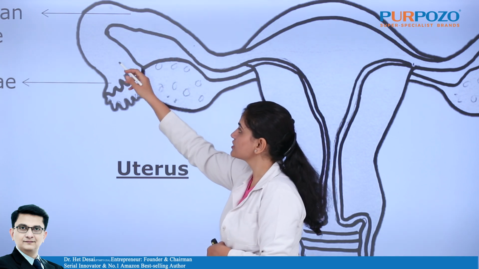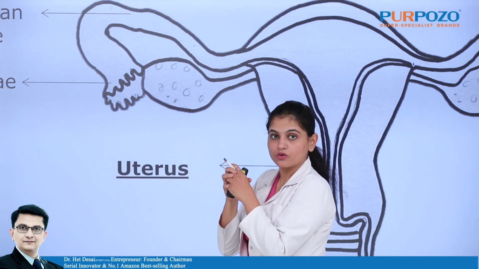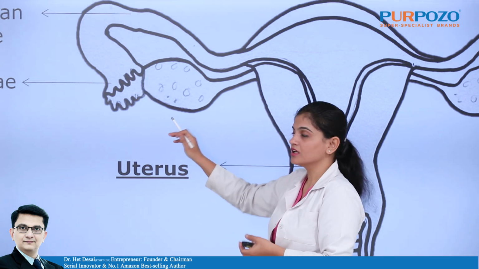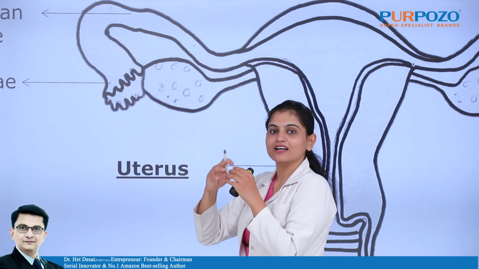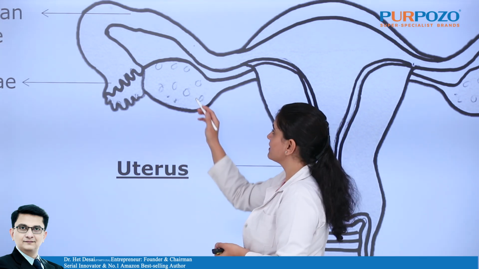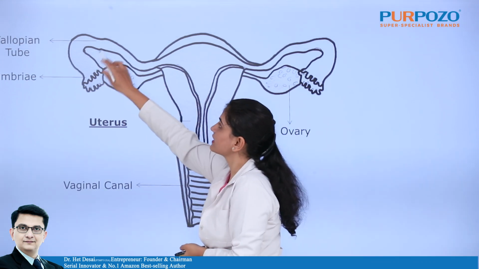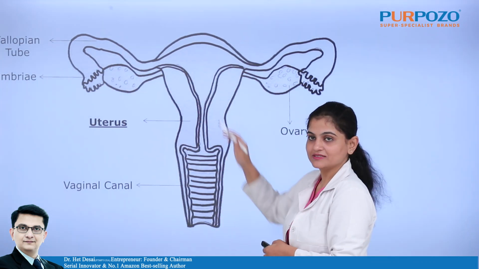Your fallopian tubes are not directly attached to the ovaries; rather they have finger-like projections which we call fimbriae. They float around the ovaries, but your fallopian tubes are connected with the uterine cavity.